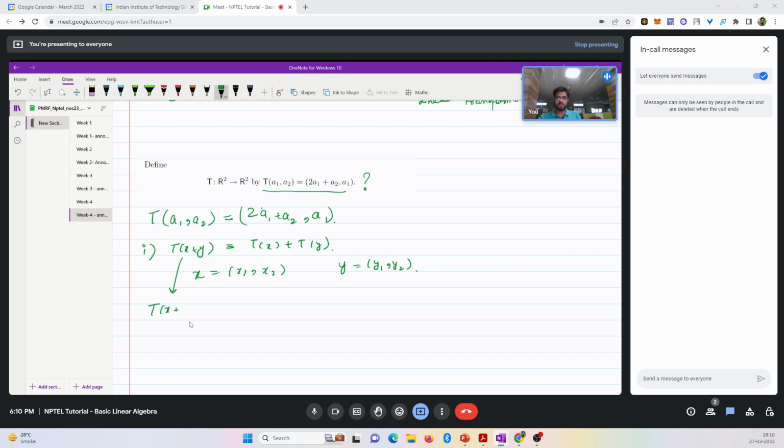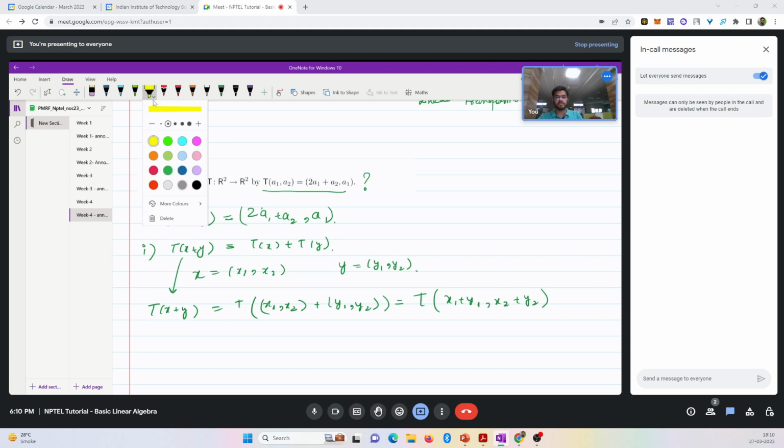Now T of x plus y is nothing but T of x1, x2 plus y1, y2, which is T of x1 plus y1, x2 plus y2. The first term serves as your a1 and the second term serves as your a2. Let's put that in this formula.